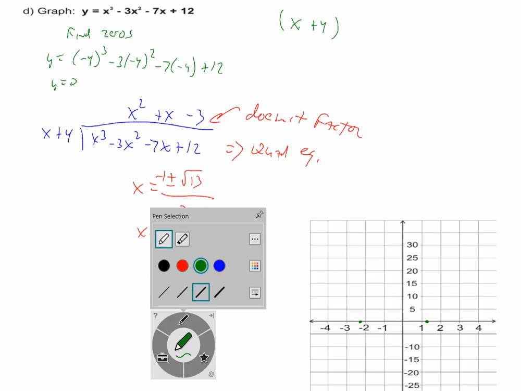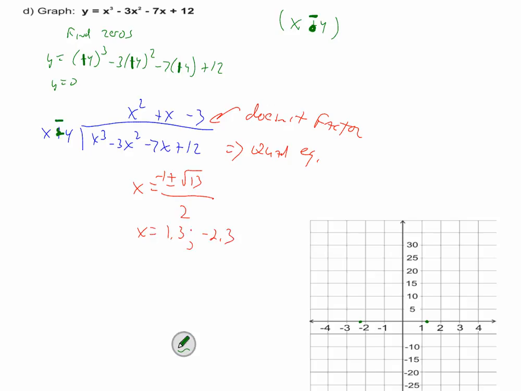This is an x minus 4 here, and therefore these are all positive 4s, and that's what gives you the 0, and this is a negative. So that other 0 is an x equals 4. And again, for time's sake, if you were to graph this, it would look something like this. Something like that. Thank you.